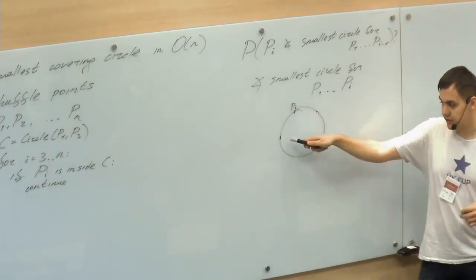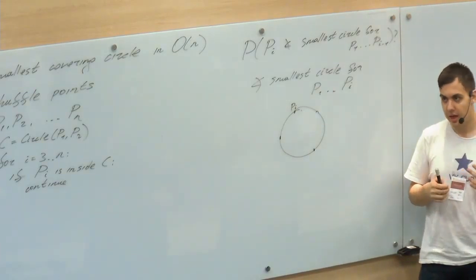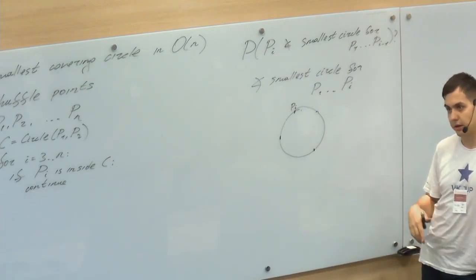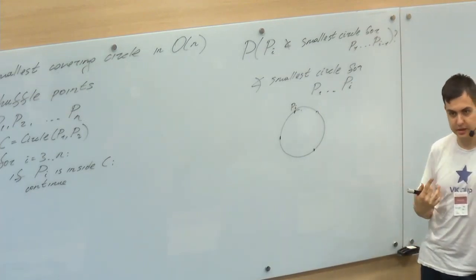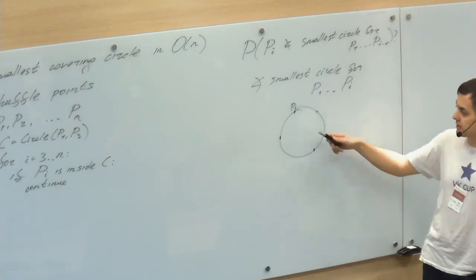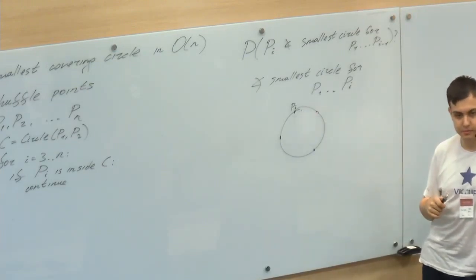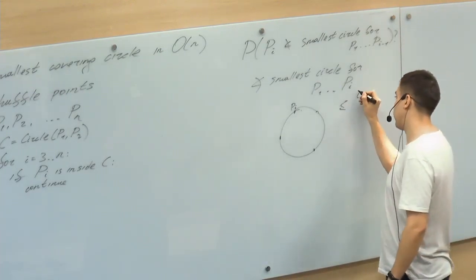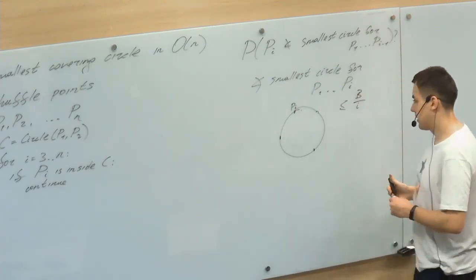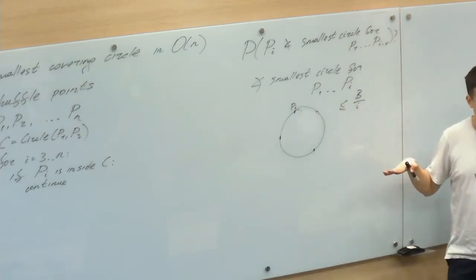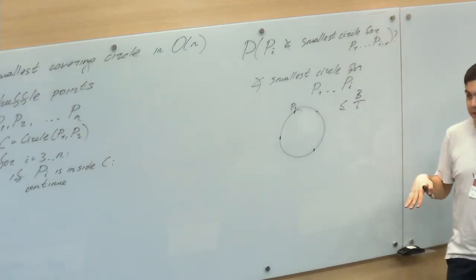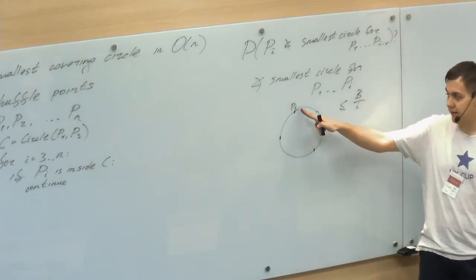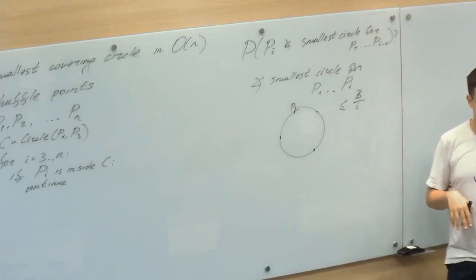These 3 points that form the smallest circle are 3 random indices, and we would like to calculate the probability that this is the last one of them. Well, it turns out this is less than or equal to 3 divided by i. We have 3 random indices, and the probability that i is among them is at most 3 divided by i.